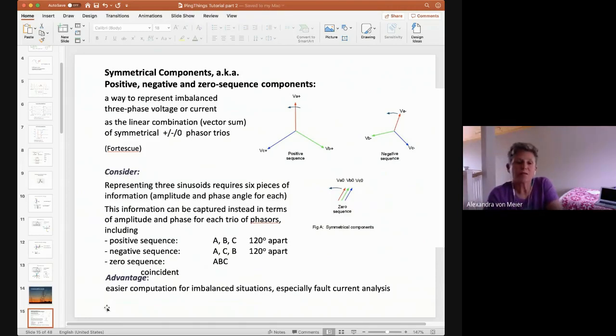So these 6 pieces of information can be represented in this context of what are called symmetrical components that are 3 trios of phasors, which by definition, these sequence phasors have the same magnitude. So the trio of positive sequence phasors have all 3 the same magnitude and are 120 degrees apart.